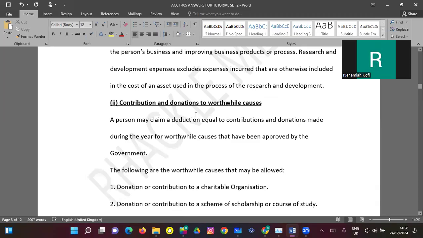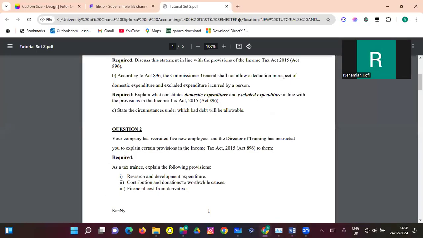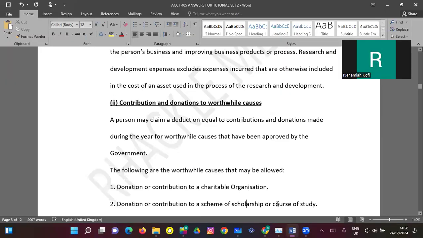Then contribution and donation to worthwhile causes. This can include contribution to an orphanage. A person may claim a deduction equal to contributions and donations made during the year for a worthwhile cause that has been approved by the government.